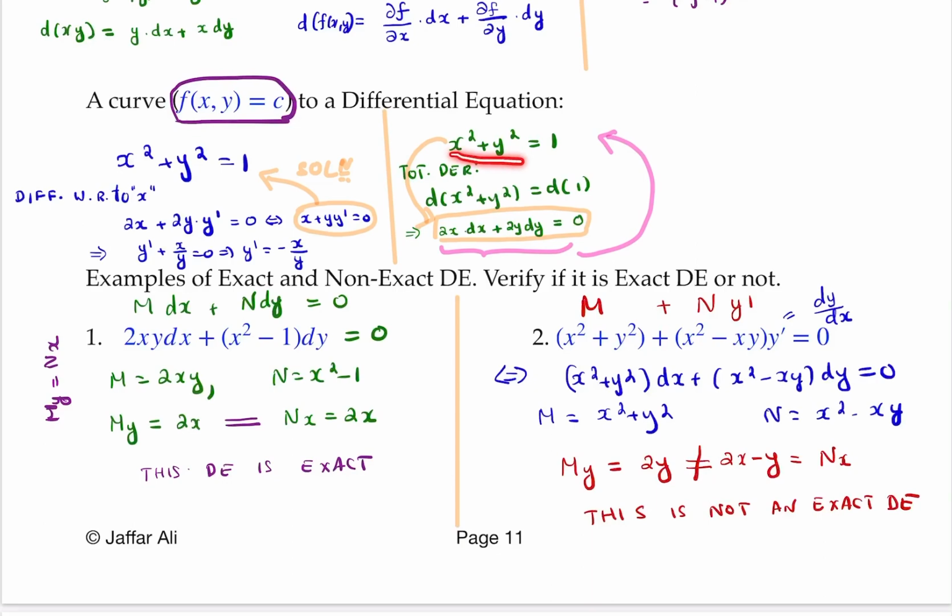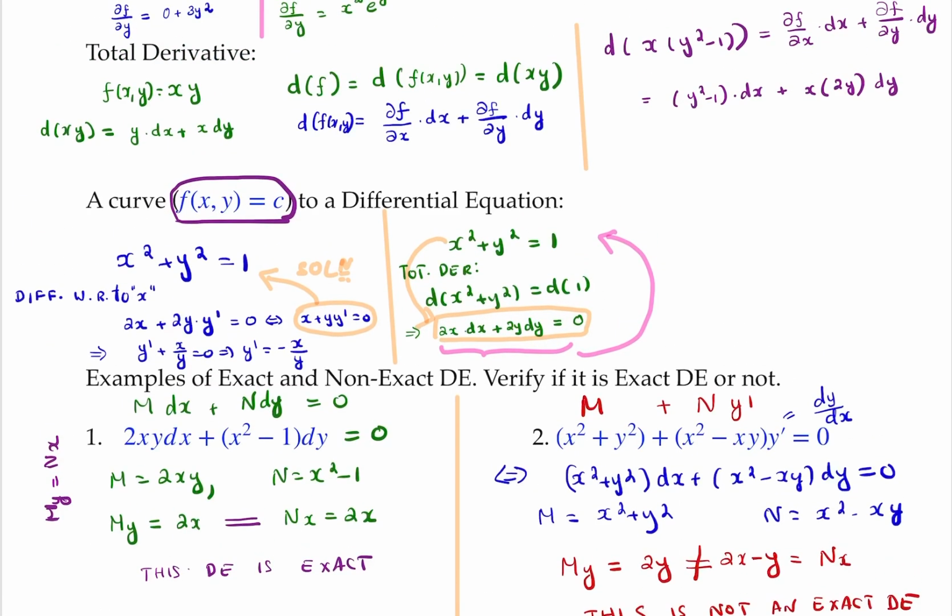Here you have a curve, in this case a circle, and we found the differential equation for which this will be a solution. This reverse process is basically the exact differential equation idea. So what do I mean by that? If you have a differential equation, we are hoping that the coefficient of dx is this, and the coefficient of dy happens to be this.